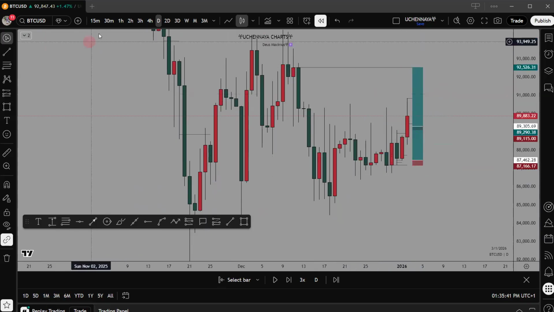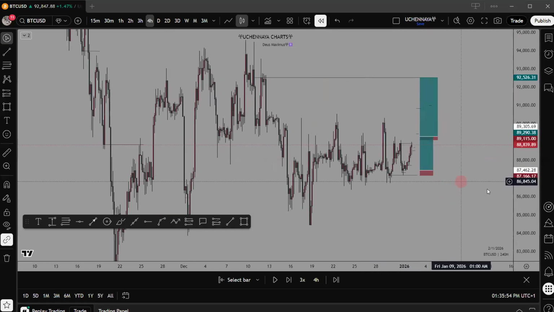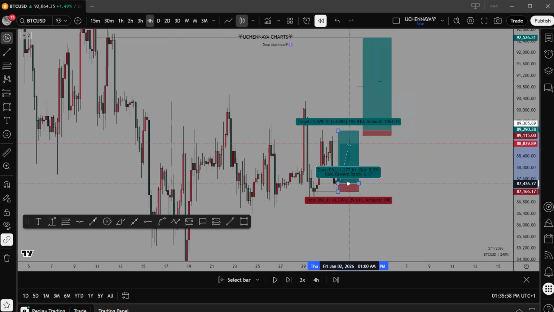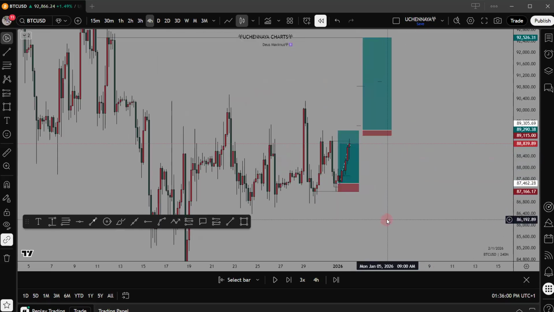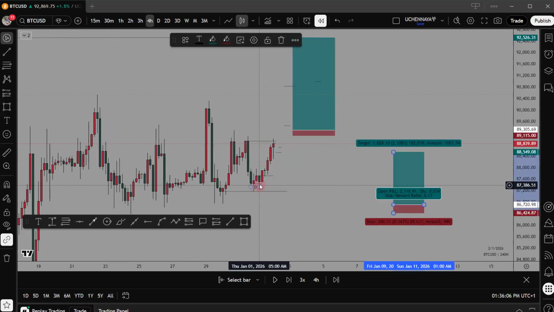You guys saw the trade. That is actually how storyline works. This is the first entry. You had your first entry here, your second entry here.